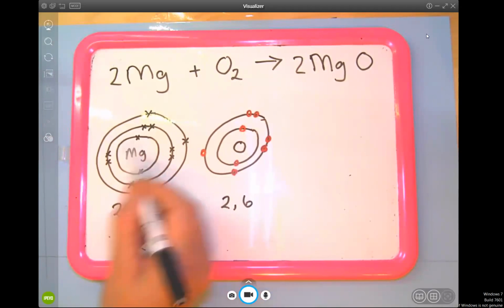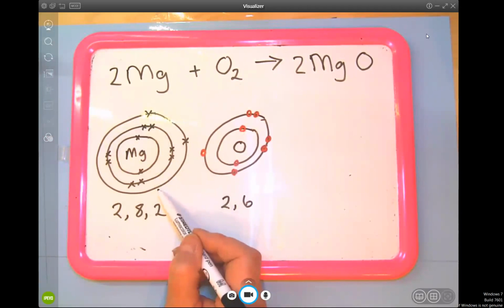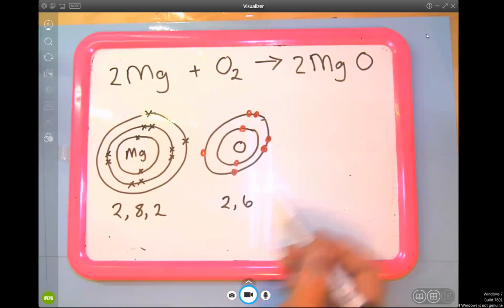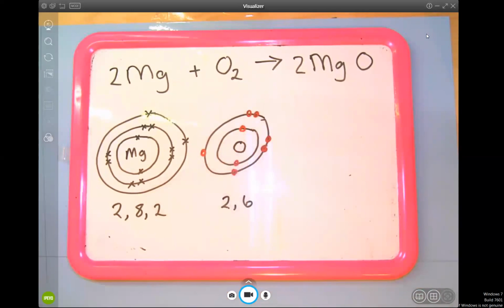When we put the electrons in their shells, 2 sit in the inside shell, 8 sit in the next shell, and 2 sit in the outside shell. And with oxygen, it has 8 protons, so 8 electrons. So 2 are in the inside shell and 6 are in the outside shell.